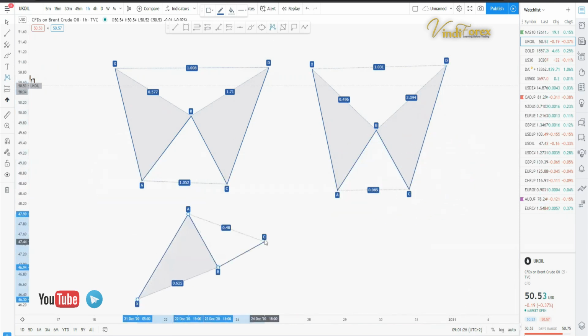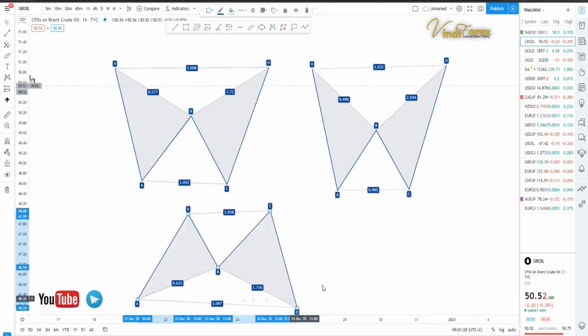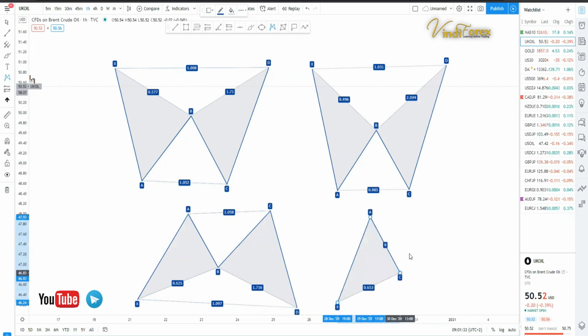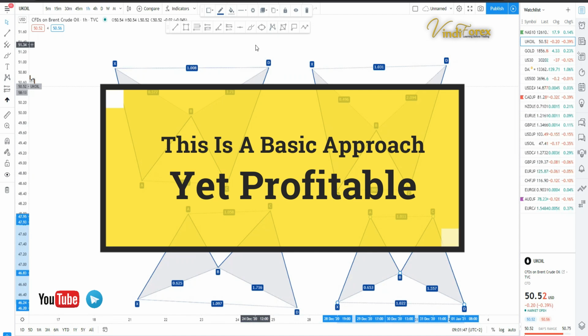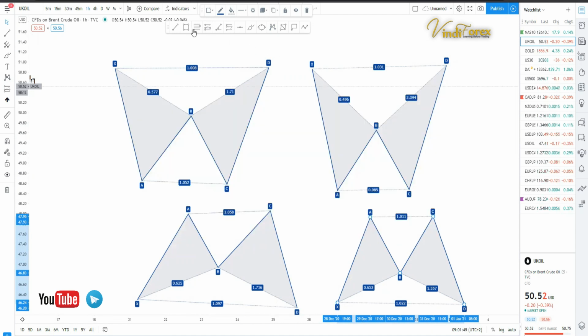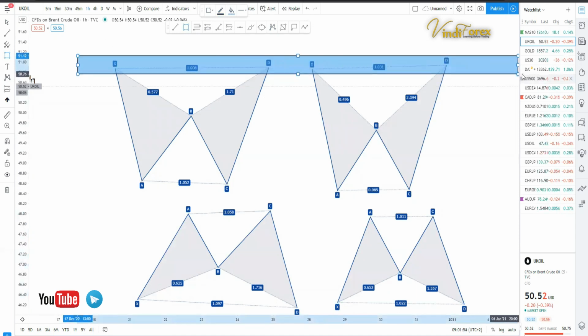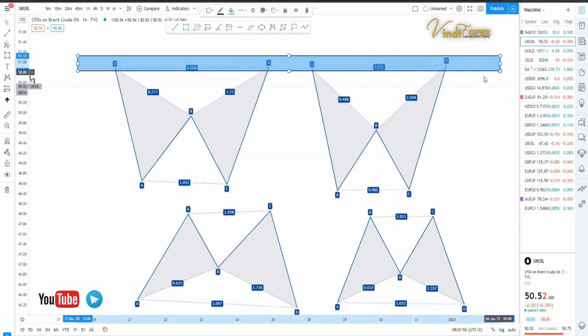Otherwise, let me just go ahead and draw these scenarios and explain. We're going to be looking at a few things that I'd like you guys to pay attention to. Suppose we are having this, the first one, let's just call everything W. Like I said, we are not doing harmonics. This is a basic structural approach. What I'd like you to see is that if we are having these W's around this point, we're going to be having the resistance structure.